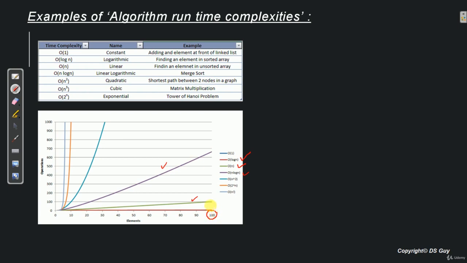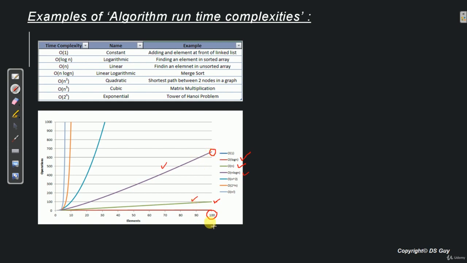Whereas if the time complexity is order of n, represented by the green line, it takes around 100 operations. But in case the time complexity is order n log n, the operations become somewhere around 650 for the same 100 elements.